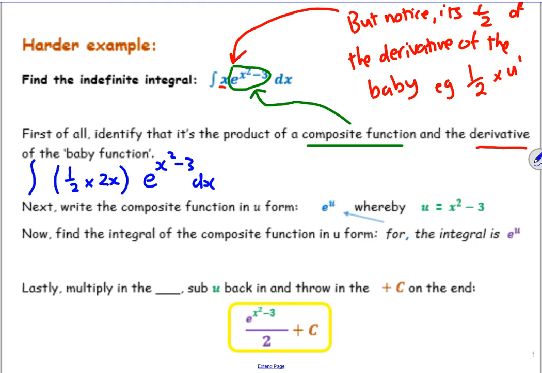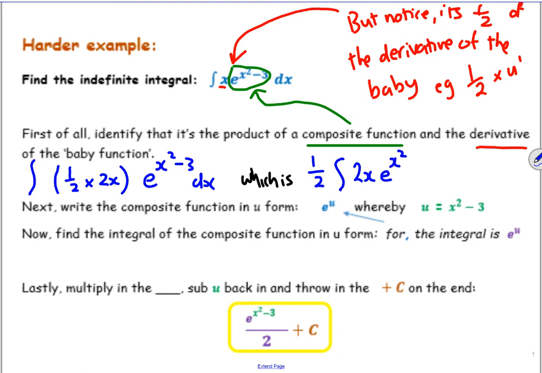And remember, when there's a constant being multiplied by the whole thing, you can pop the constant out at the front of the integral. So half times the integral of 2x e to the x squared minus 3.